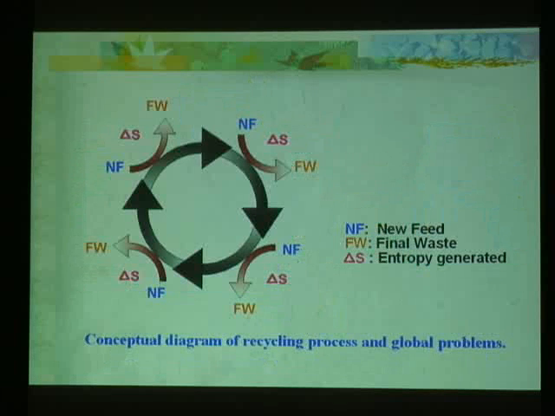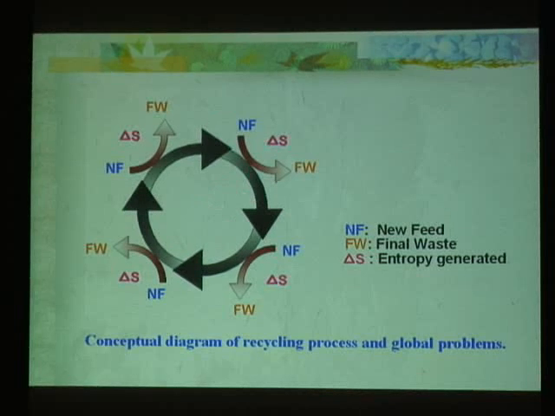Excellent. Then, from this consideration, we can put up this kind of diagram. This is a conceptual diagram of the recycling process and global problems, or global processes, probably shown later. Okay, let's start here. In this diagram, lighter color represents a higher entropy state, a low level state.